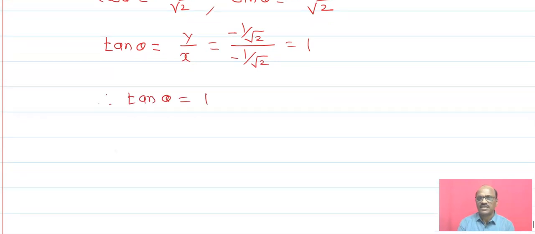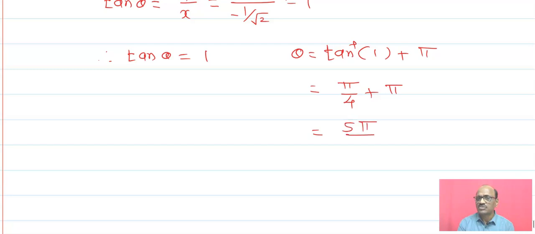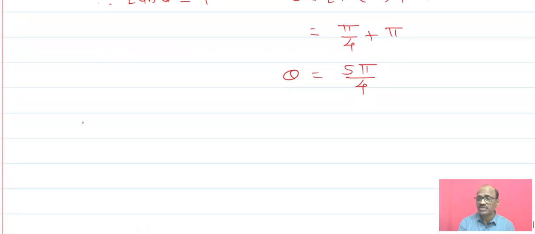Now see this, tan inverse of 1, and I take this because the point lies in the third quadrant, therefore theta is equals to tan inverse of 1 plus pi. This is given in the chart in the textbook. When x and y both are negative, theta is equals to tan inverse of y by x plus pi. Theta is equals to 5 pi by 4.